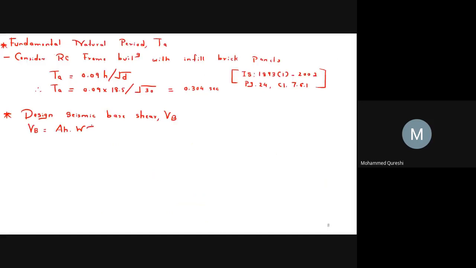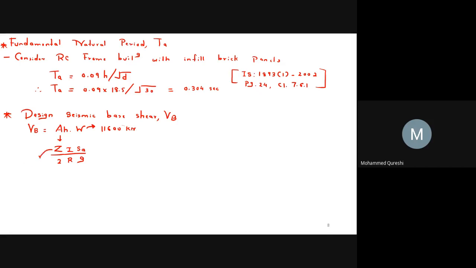So here the value of W is 1160 kilo Newton, and we know that AH is nothing but the horizontal seismic acceleration coefficient given by Z by 2 into I by R into SA by G.